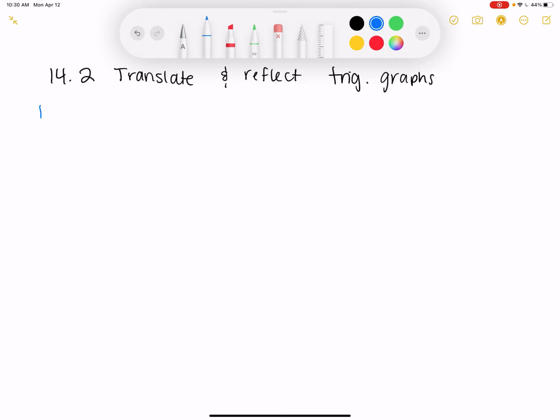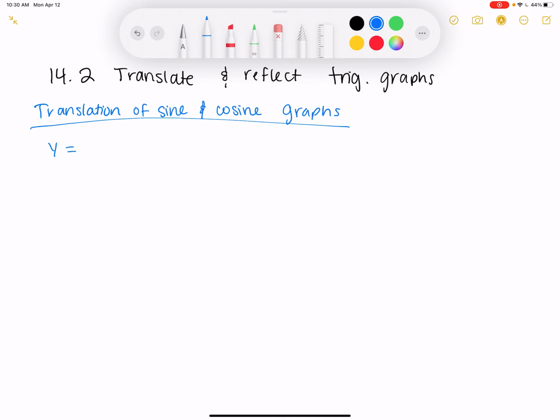All right, translation of sine and cosine graphs. Okay, so these problems given to you will look like this.